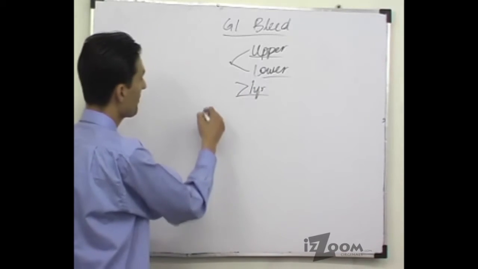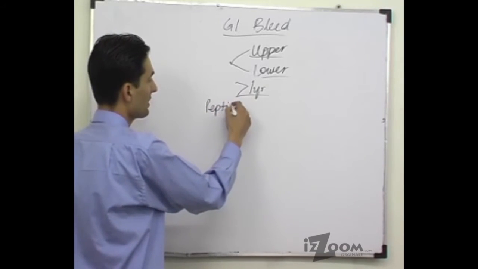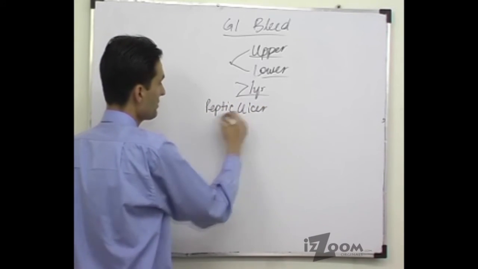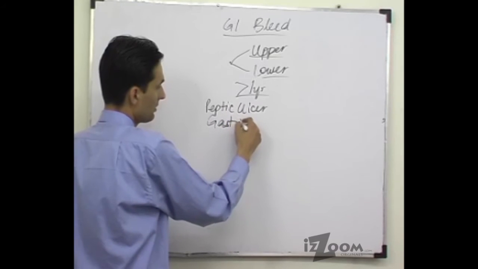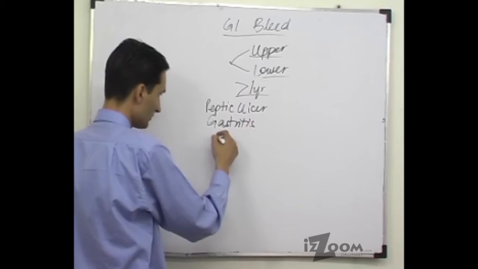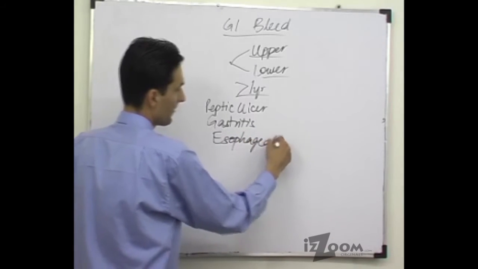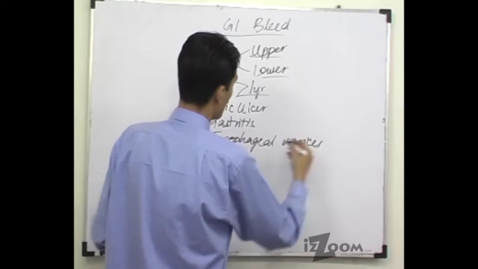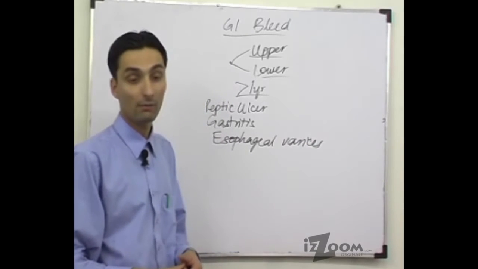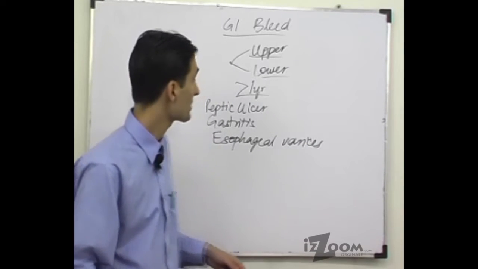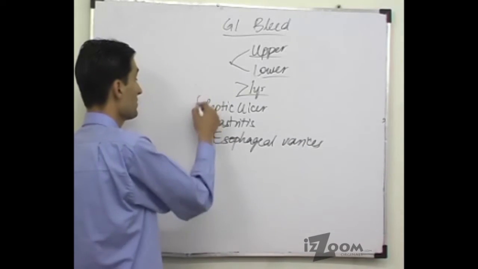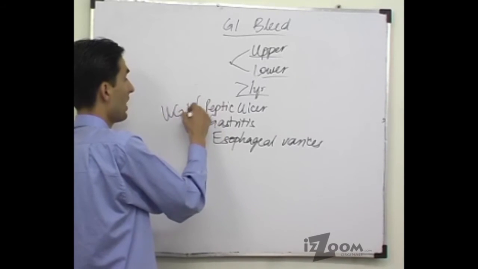In that case, upper GI bleed can occur due to peptic ulcer, gastritis, or esophageal varices. Variceal bleeding can also occur in children greater than 1 year of age and has to be considered in the differential diagnosis. These are the causes of upper GI bleeding.